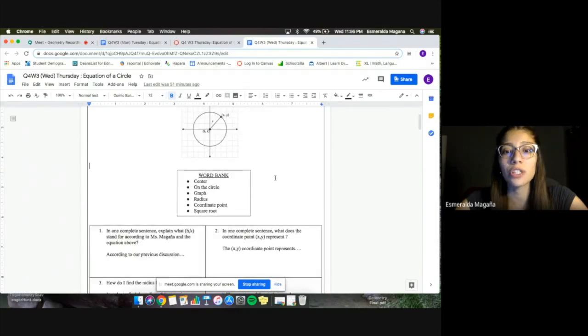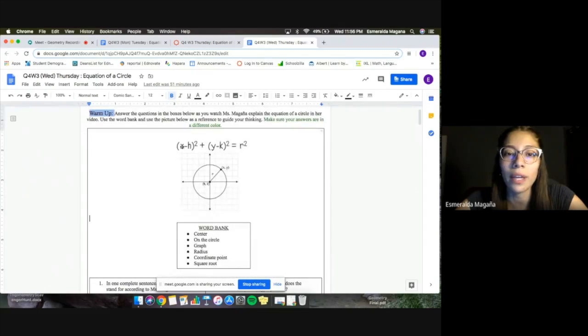Now my next question is, what are x and y? We have an x right here and a y, and what does that mean? So x and y is actually a point on the circle. Your exit ticket yesterday had choices like in the circle, on the circle, outside the circle. We're now looking at the circle itself.